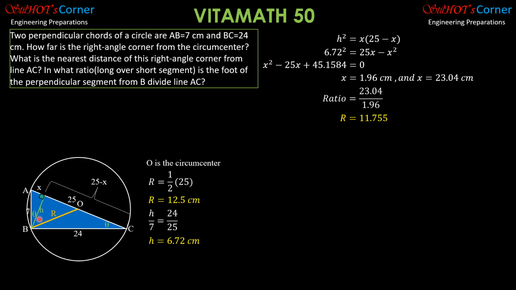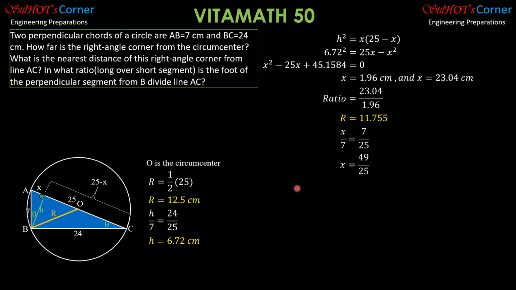Another way of solving for x is by use of similar triangles again. Opposite of theta as to hypotenuse in this small right triangle, opposite is x, hypotenuse is 7. But for the big triangle, the opposite is 7 and the hypotenuse is 25. So x, another solution, x as to 7 equals 7 as to 25.